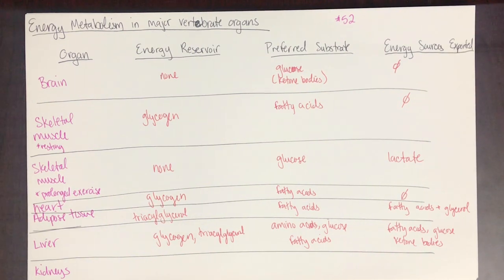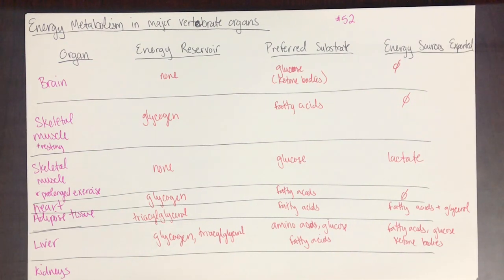Let's see what else to talk about here. The last one, I'm not sure if I talk about the specifics of kidneys, but the major purpose of the kidneys is to filter our blood, to remove urea from our blood. So we're going to see when we talk about deamination, we're removing that amino group from amino acids.